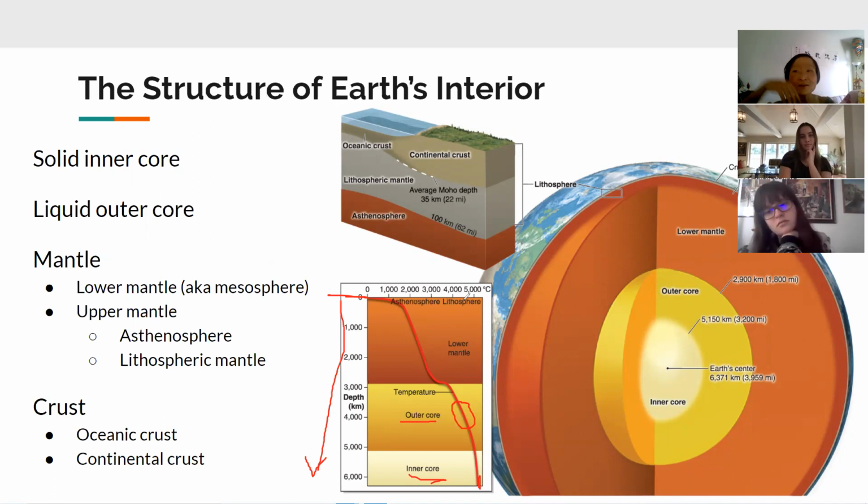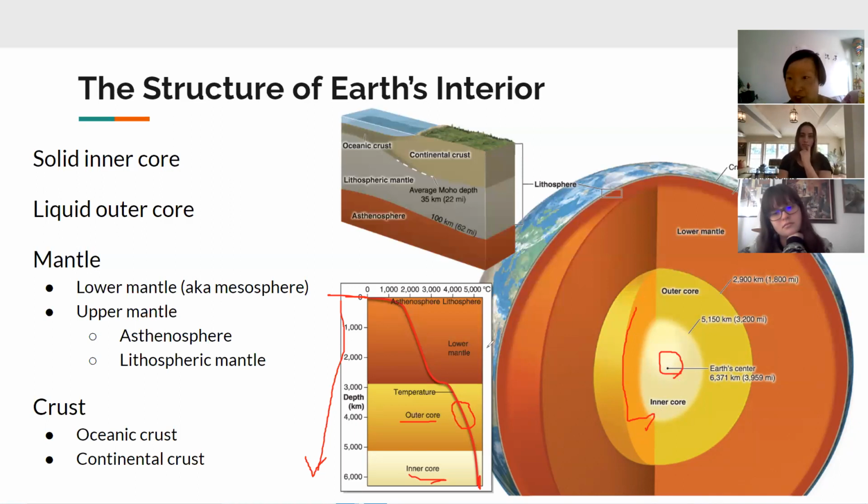Here's another question I always get. Jing, why is the inner core solid when it is so hot? Why don't those materials, iron and nickel, melt? But the outer core is melted. Here's another thing, guys.